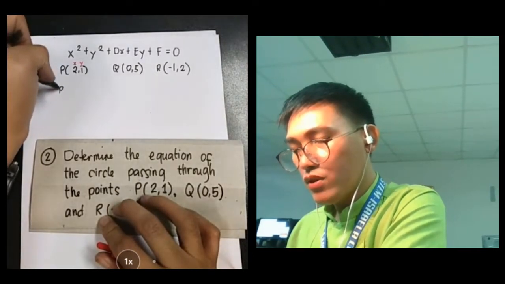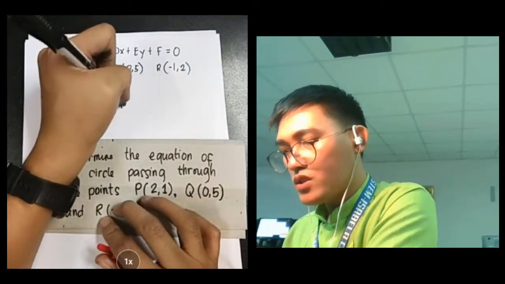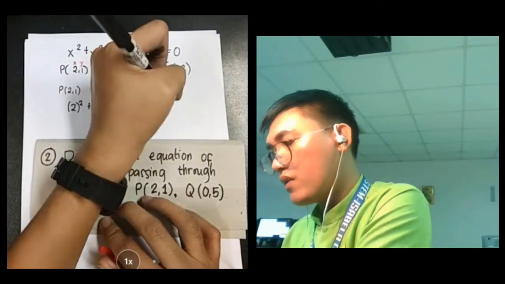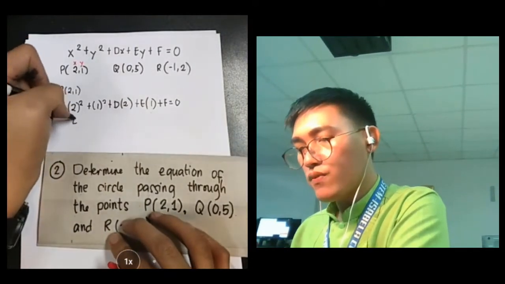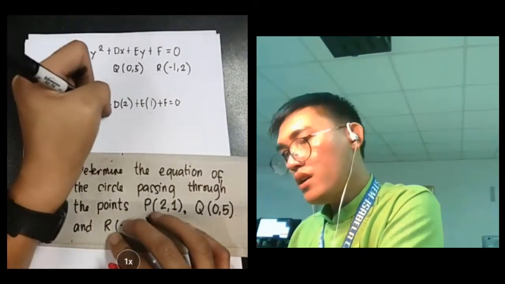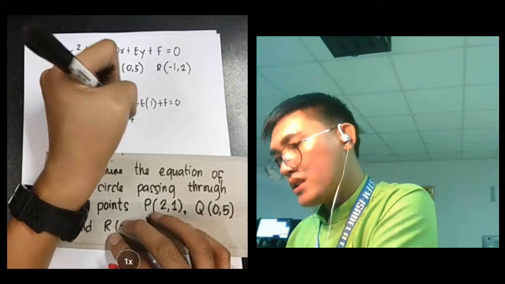That would be, for point P, 2 squared plus 1 squared plus d times 2 plus e times 1 plus f is equal to 0. 2 squared is 4 plus 1 plus 2d plus e plus f is equal to 0.